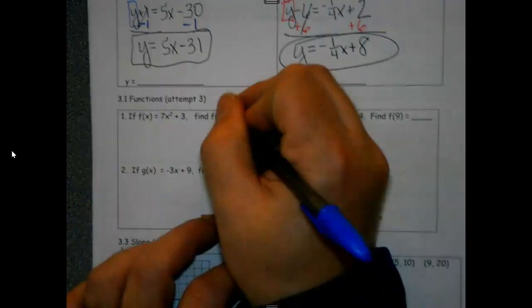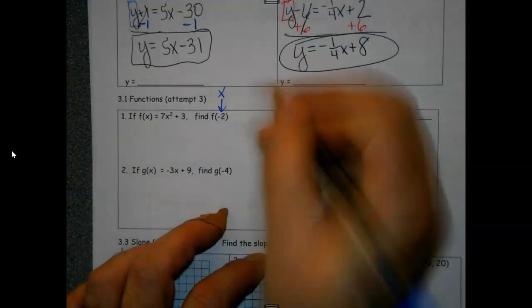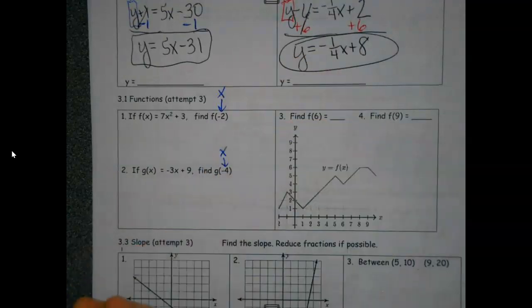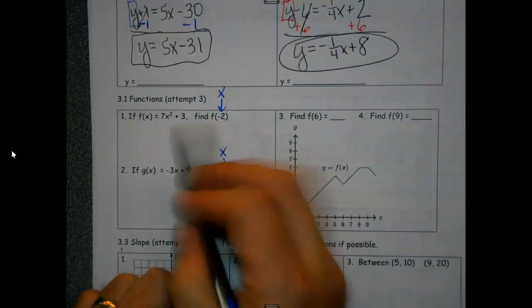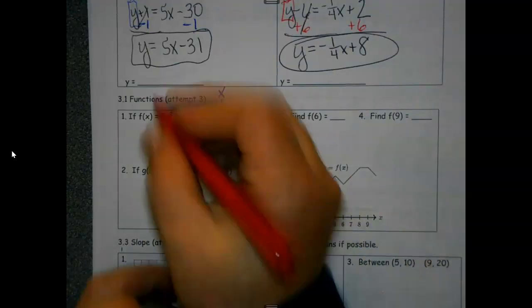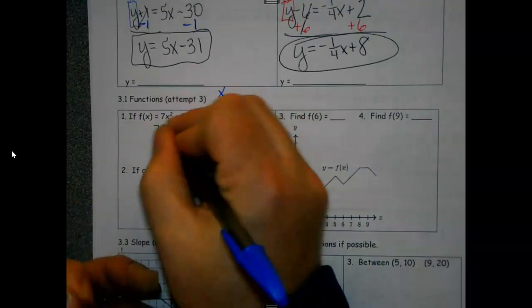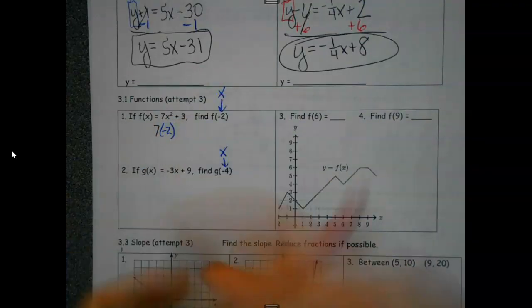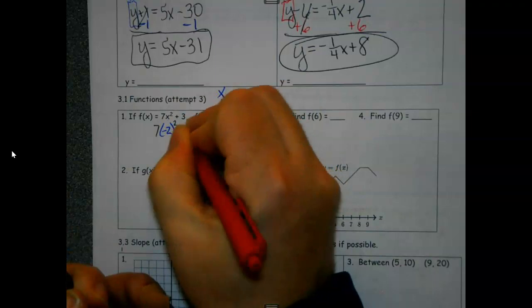Okay, this is your x value. In other words, we're going to substitute in negative 2 where the x is. Everything else stays the same.